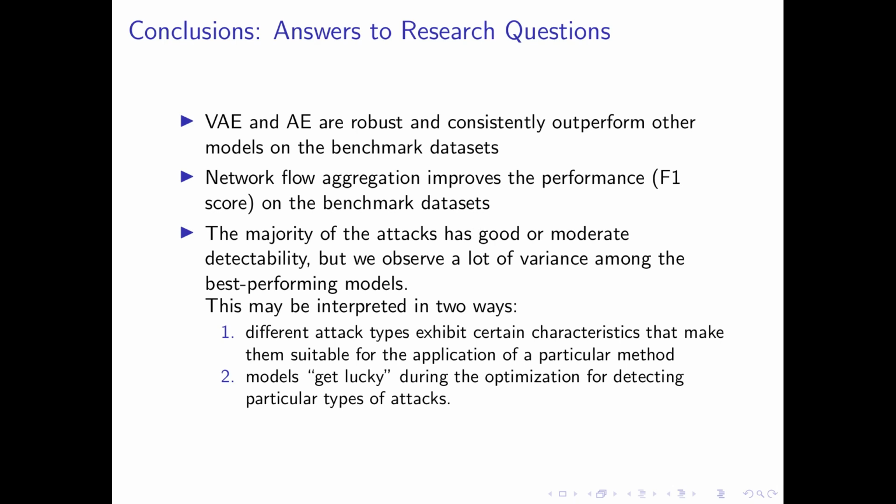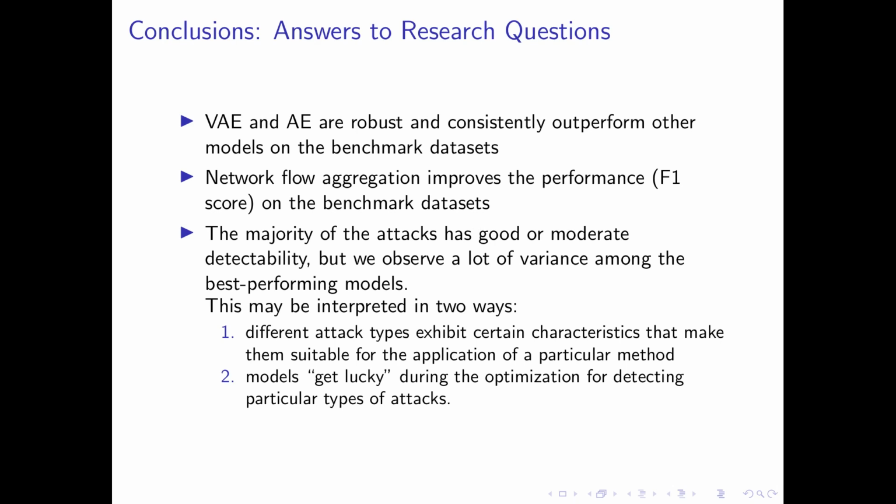And as we saw on the precision recall curves, and furthermore in the report there are more supporting numbers, network aggregation generally improves the performance and seems to be a good thing to do.